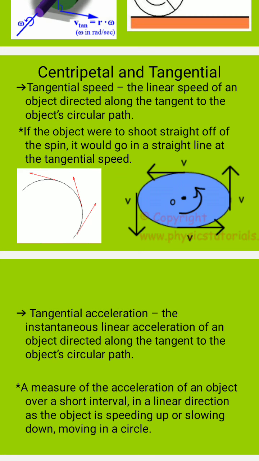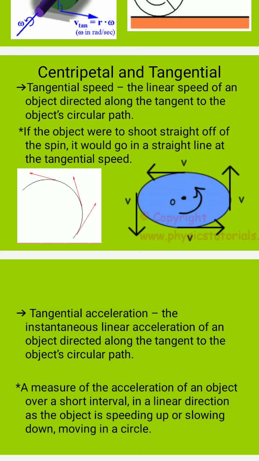You might have heard about it in your 9th and 10th classes itself. When a body is moving in a circular path, it will have a force directed towards its center, isn't it? In that direction there will be an acceleration. That acceleration is centripetal acceleration.